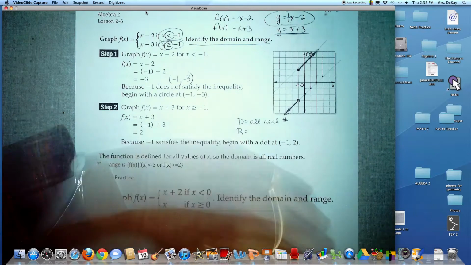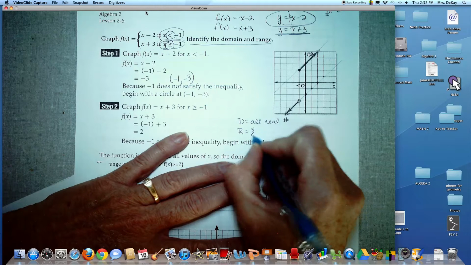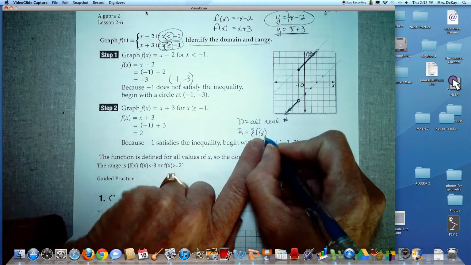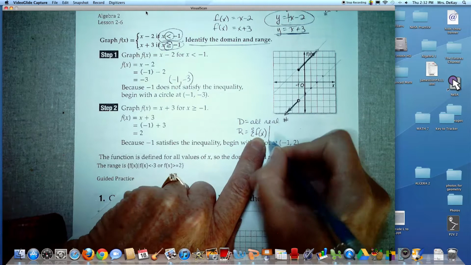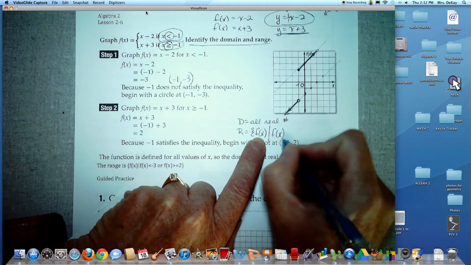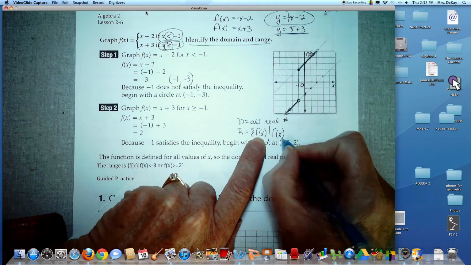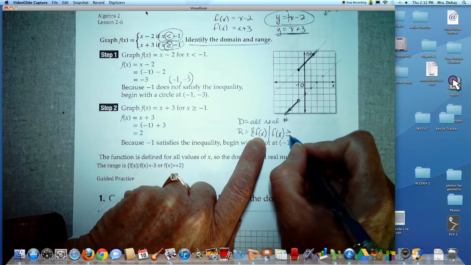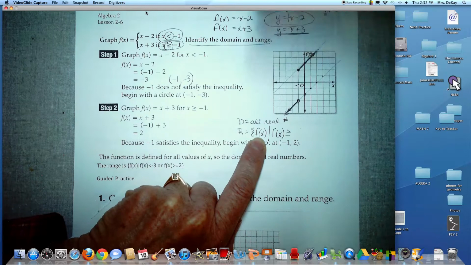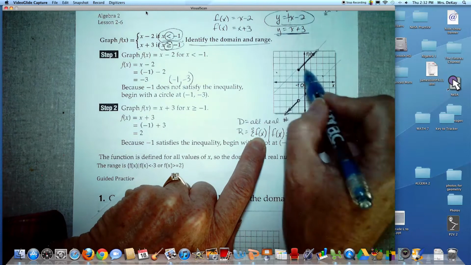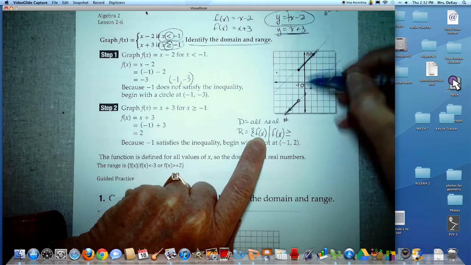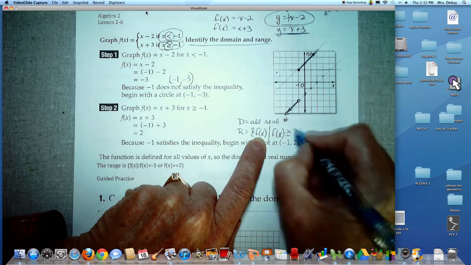So I would say this is how you would do it in correct notation. You would go the set of all f of x such that f of x is greater than or equal to, my positive numbers are here. What is this number right here? Because this is the number I'm concerned about. It's 2, right? So greater than or equal to 2.